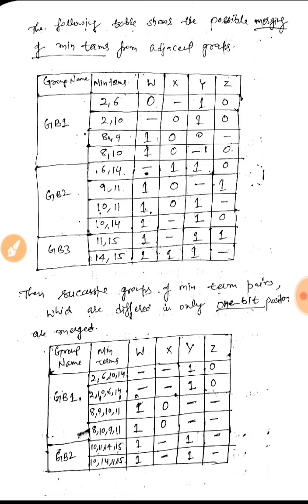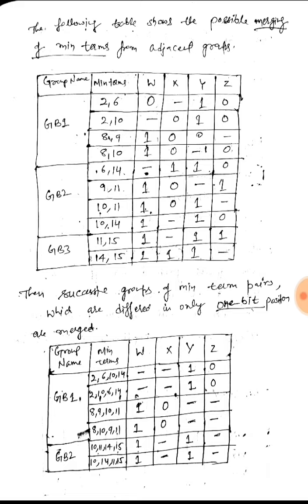So similarly for 6 and 10, 9 and 11, 10 and 11, 10 and 14, 11 and 15 and 14 and 15, I have merged the two minterms in this table.